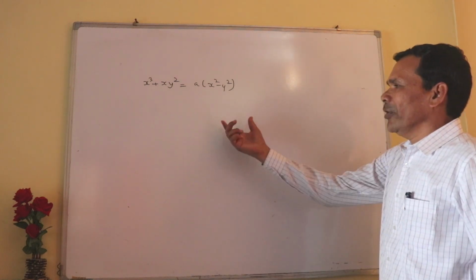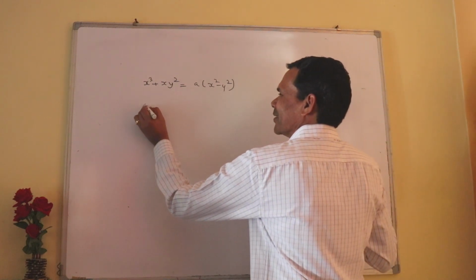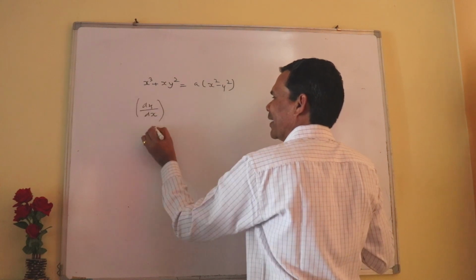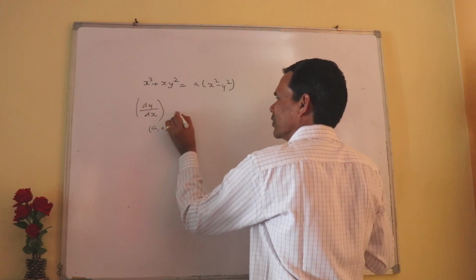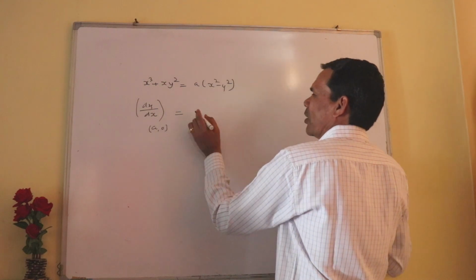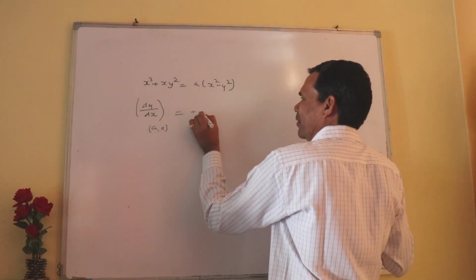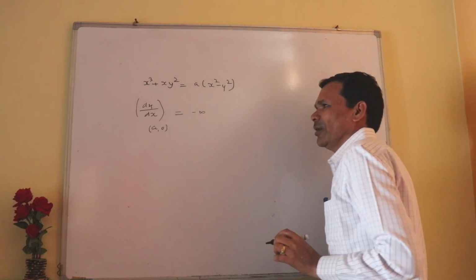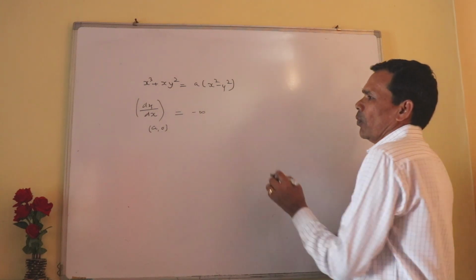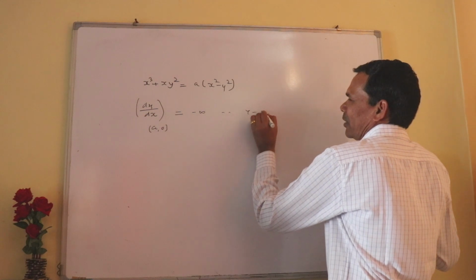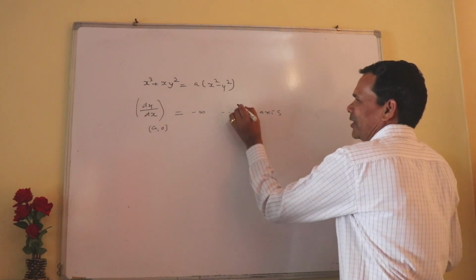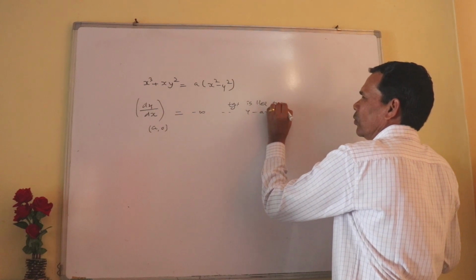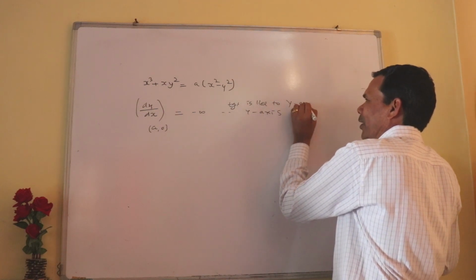Now at the point a, 0, if you work out dy by dx, it would be plus or minus infinity. So the tangent is parallel to the y-axis at this particular point.